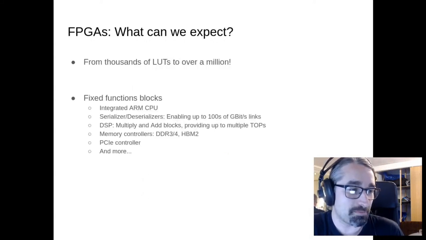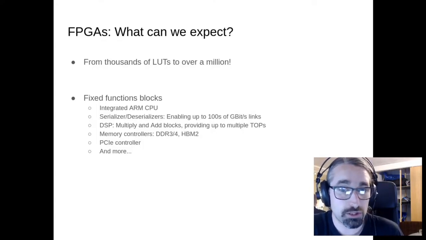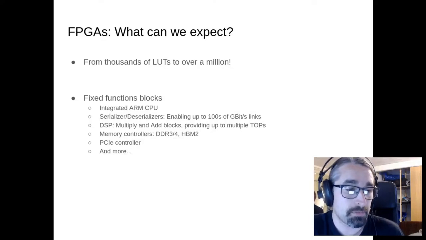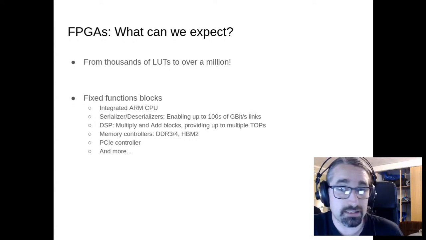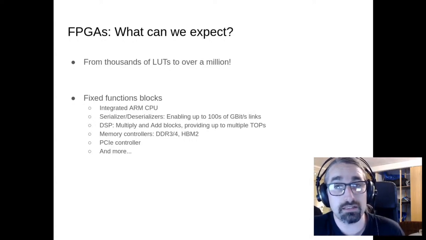So yeah, the FPGAs are now ranging from 1,000 LUTs, which is the basic unit for logic, to over 1 million. But on top of this, there are fixed functions that are integrated in these FPGAs. So of course you can just have an ARM CPU there. That's pretty practical.